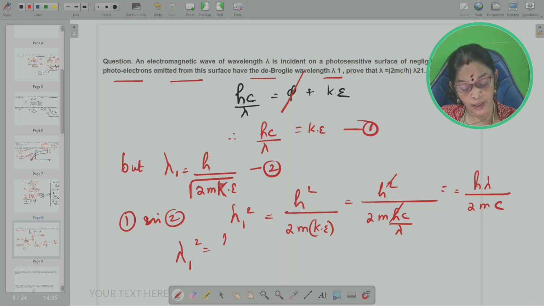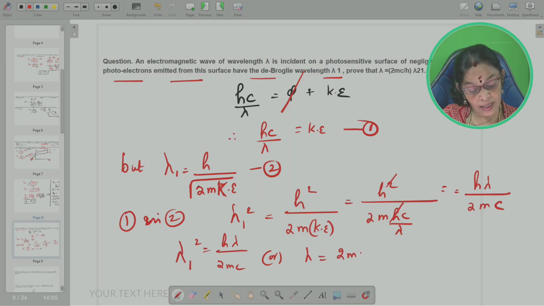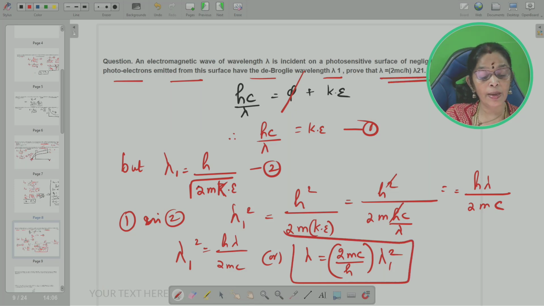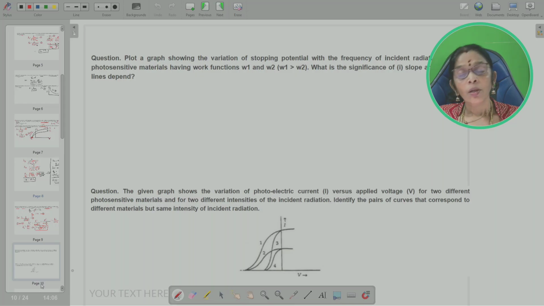Therefore, lambda 1 square is equal to h lambda by 2mc, or lambda is equal to what? You can write lambda is equal to 2mc by h into lambda 1 square. That is all. We got it. So, hope you understand this is how you need to visualize the question, strategize the question and answer.